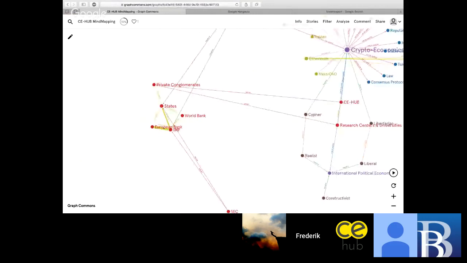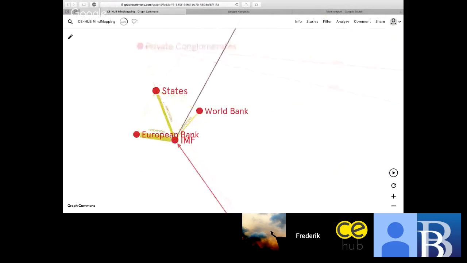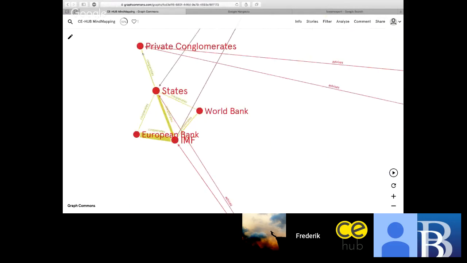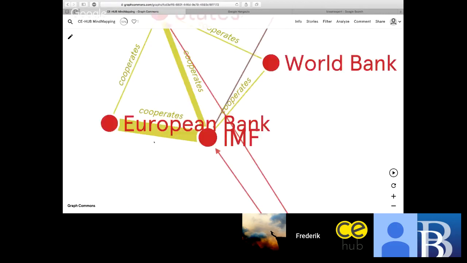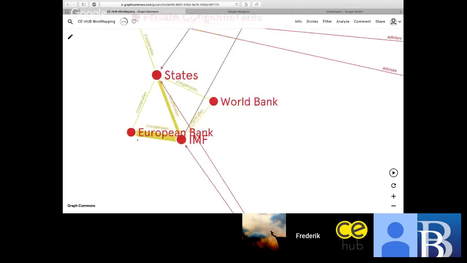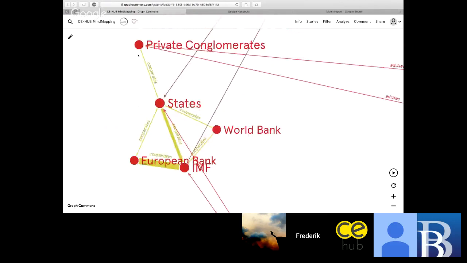Another point to be discussed in the types of relations we create is the different width of the relations of cooperation. European banks and IMF cooperate widely, states and IMF on a smaller scale, states and private conglomerates on an even smaller scale. Whether or not these are correct is another topic of discussion, I think.